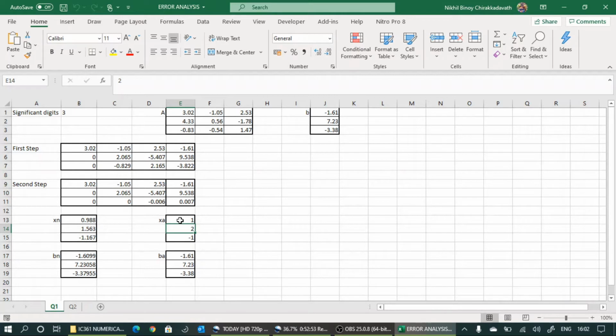So here you can see that after the second elimination, this is the final augmented matrix where this value is minus 0.006 and this is 0.007. This one is the pivot, right? The diagonal element.